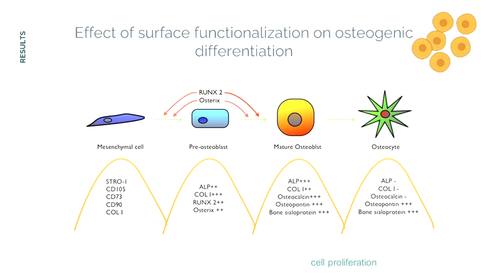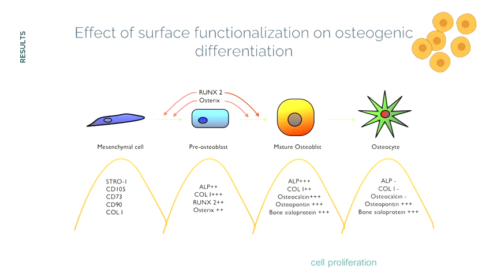And after some days, they differentiate through preosteoblasts, mature osteoblasts, to osteocytes, and we call osteoblasts bone-forming cells, while osteocytes are bone remodeling cells, and both of them are very important for implant integration.